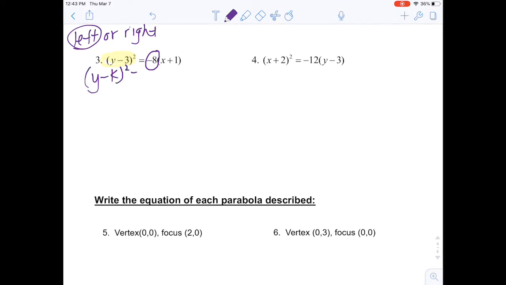Our vertex is going to be (-1, 3), looking at where the h and the k is.